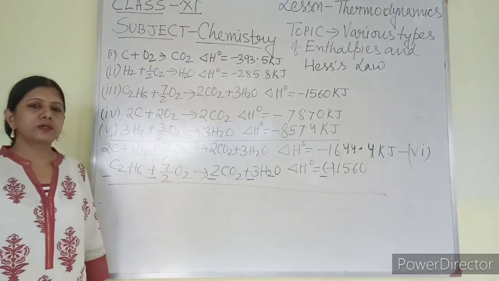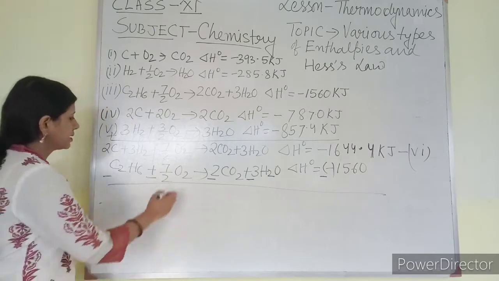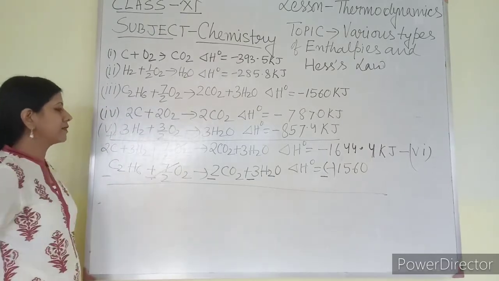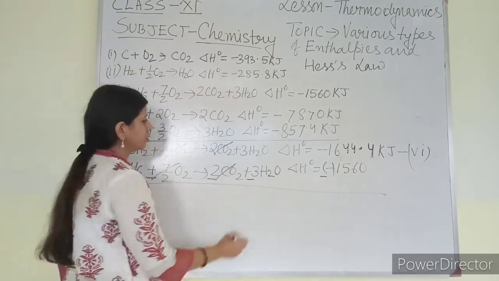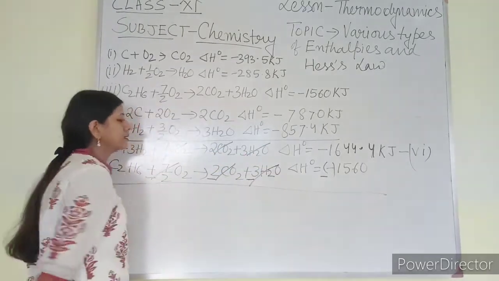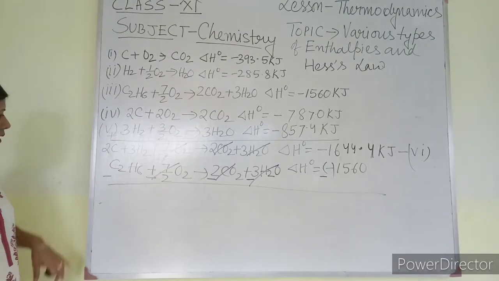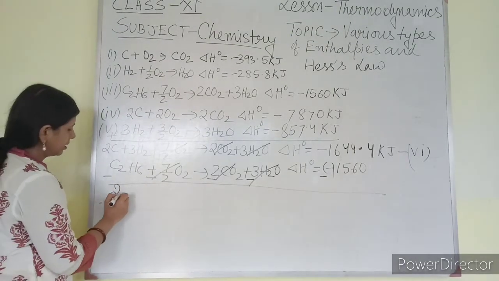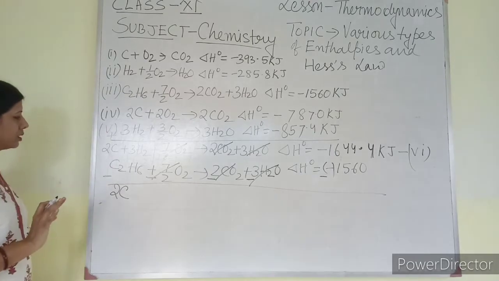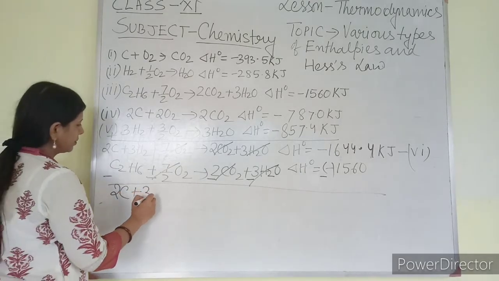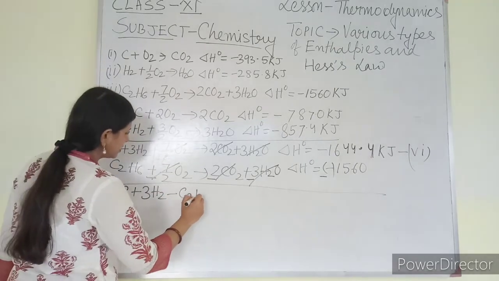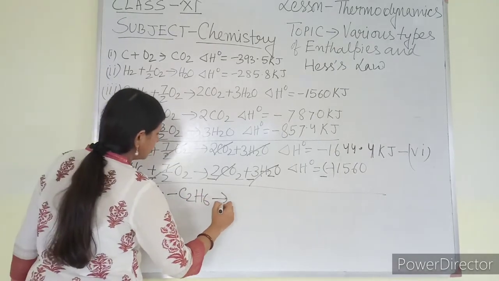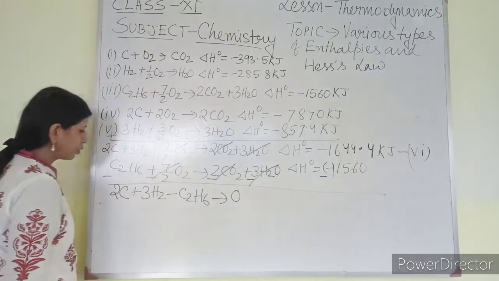Now after subtraction, what am I getting? 7 by 2 O2 minus 7 by 2 O2 plus 2CO2 minus 2CO2 plus 3H2O minus 3H2O. So what is my final equation? 2C plus 3H2 minus C2H6 will give you nothing, that is 0.